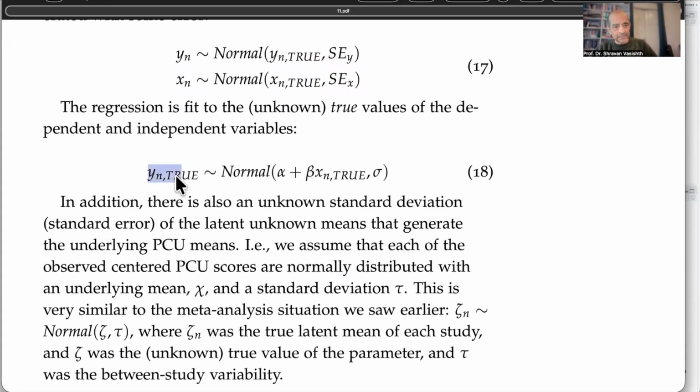So this is the unknown true value of the subject's y PCU score, and this is the true unknown value of that particular subject's oh, am I getting confused now? Sorry, reading speed.